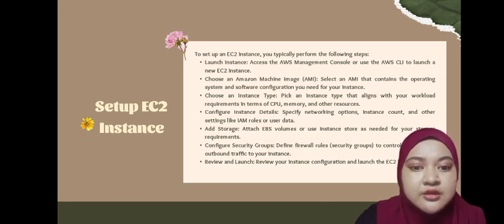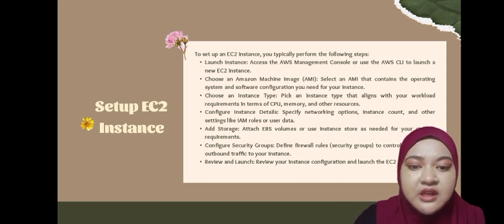Number 3, choose an instance type. Pick an instance type that aligns with your workload requirements in terms of CPU, memory, and storage resources. Number 4 is configure instance details. Specify networking options, instance count, and other settings like IAM roles or user data.